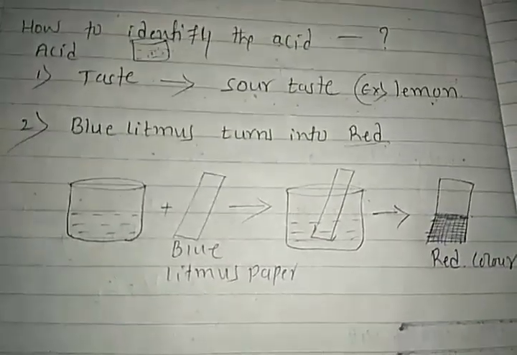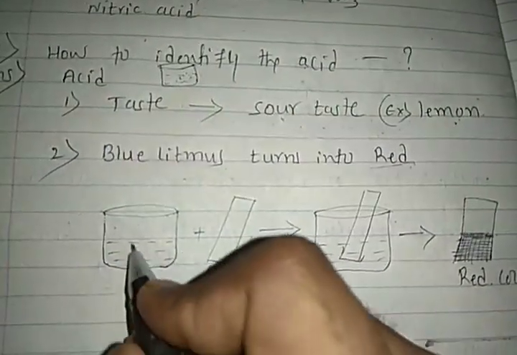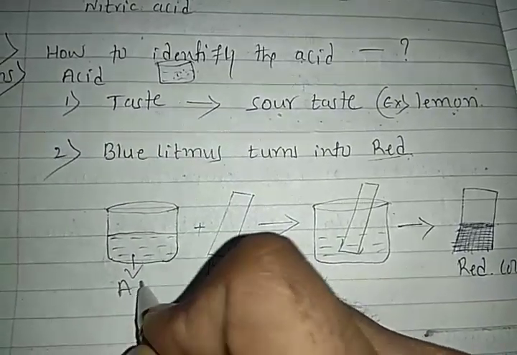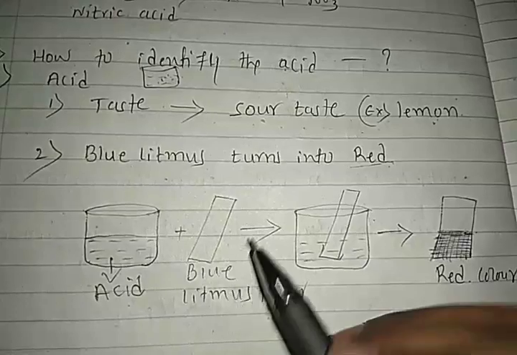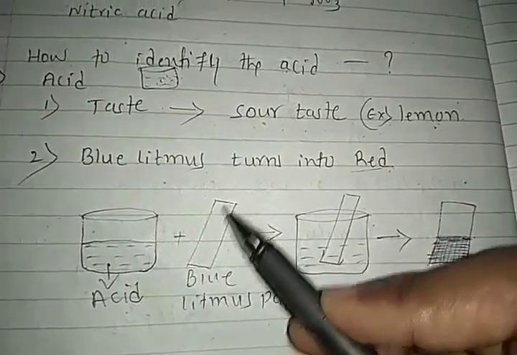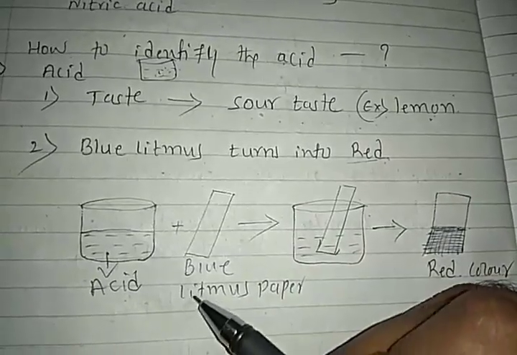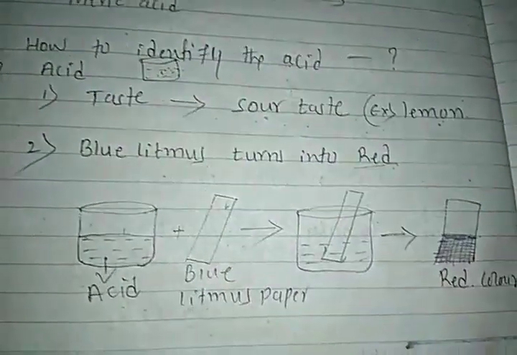Okay, I will show you in a diagram. So this is acid, students, and this is a strip of blue litmus paper. I dip this blue litmus paper into this acid.